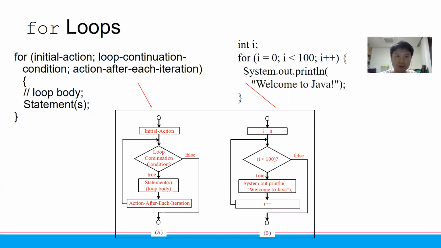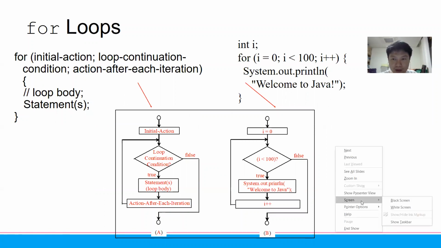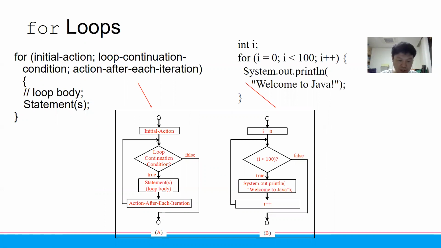So you will see here with the for loop, you will have three items in the parenthesis. Those three items are different: first we set the initial action.